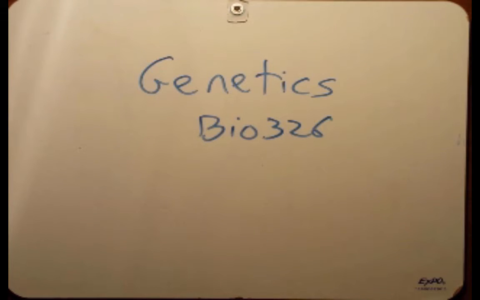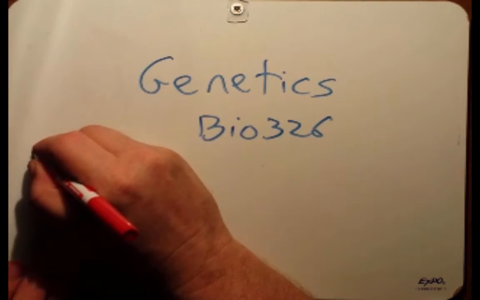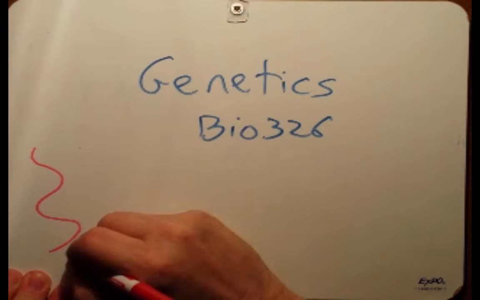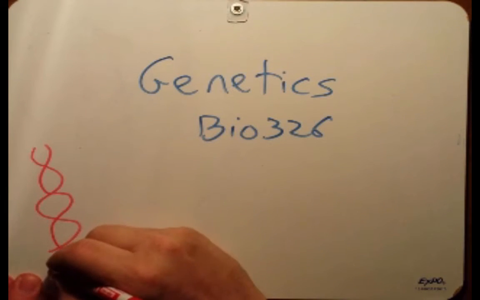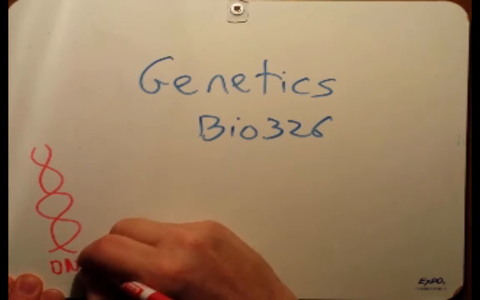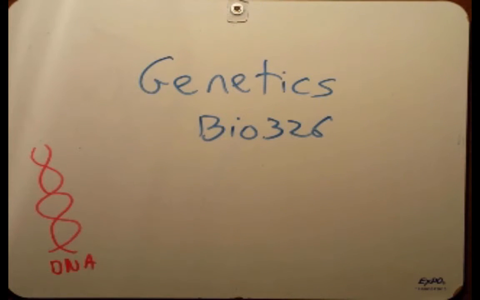So before we start talking about genetics in great detail, let's give a quick overview of how we're going to approach genetics this semester. In general terms, we're going to start with the molecule first, the DNA molecule. We'll talk a lot about this molecule. We'll talk about how we know it's the genetic material of life for most organisms. We'll talk about how it's constructed.